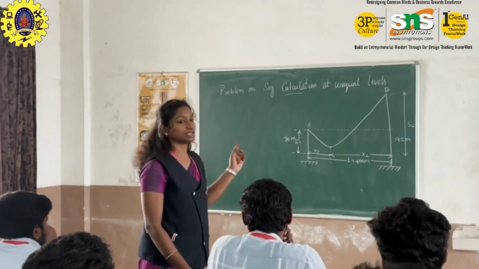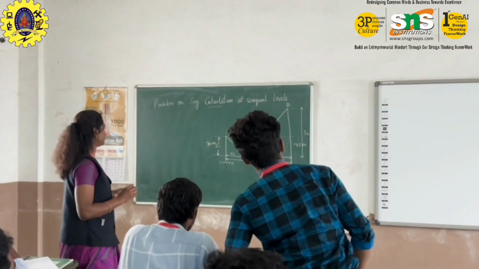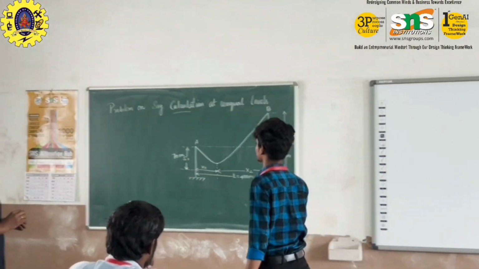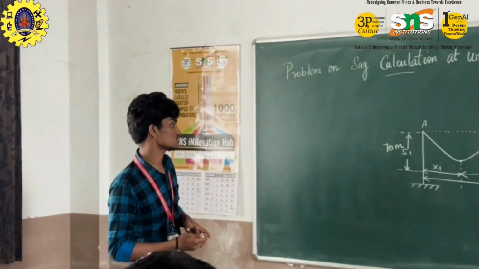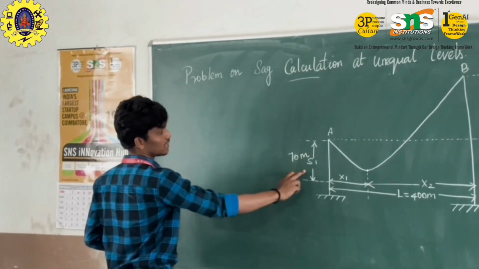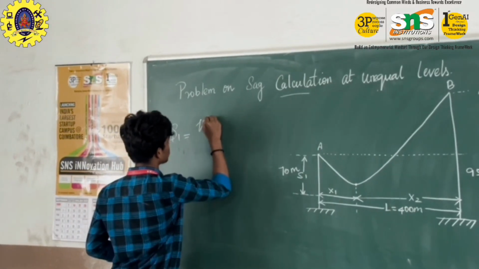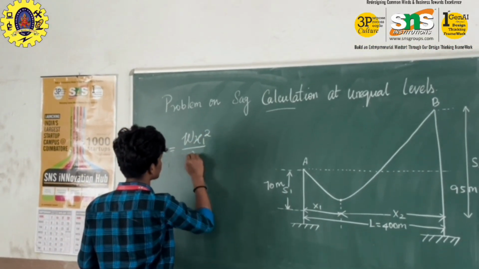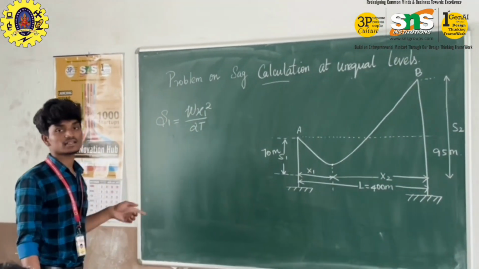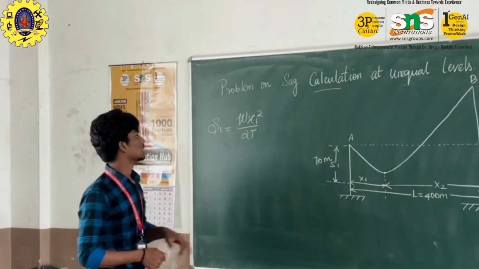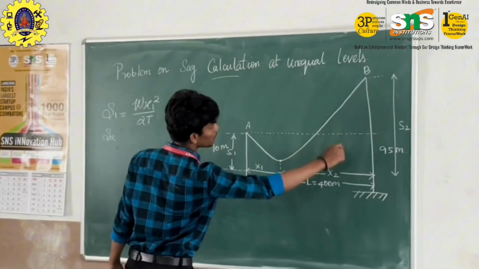To calculate SAG, can anyone tell me the formula to calculate SAG S1 and S2? This is SAG 1 for the lower tower. W represents the weight per unit length of the conductor, and T represents the tension. And then SAG 2 for the upper tower.